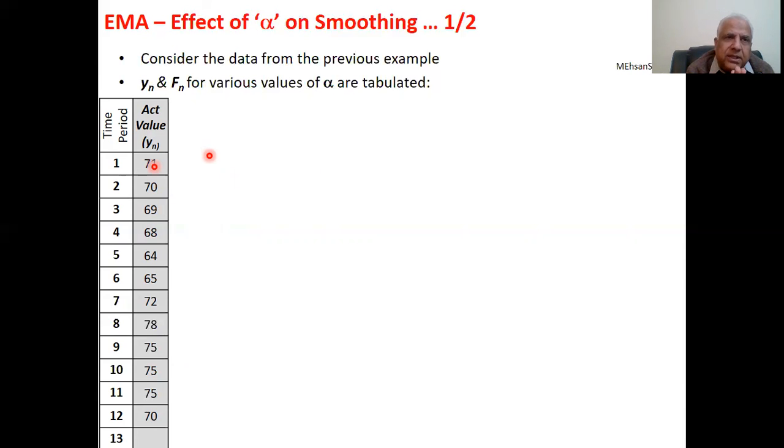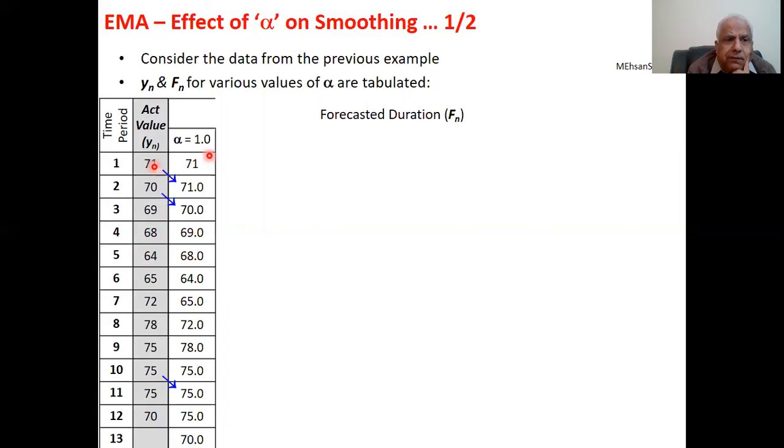Although I had said that it is never 100 and 0, but for the sake of argument, let us take it from 100 to 0, or from 1 to 0, in decrements of 10%. So 100%, 90%, 80%, so on and so forth. If the value of alpha is 100%, that means 100% weightage is being given to the previous actual and 0% to the forecast.